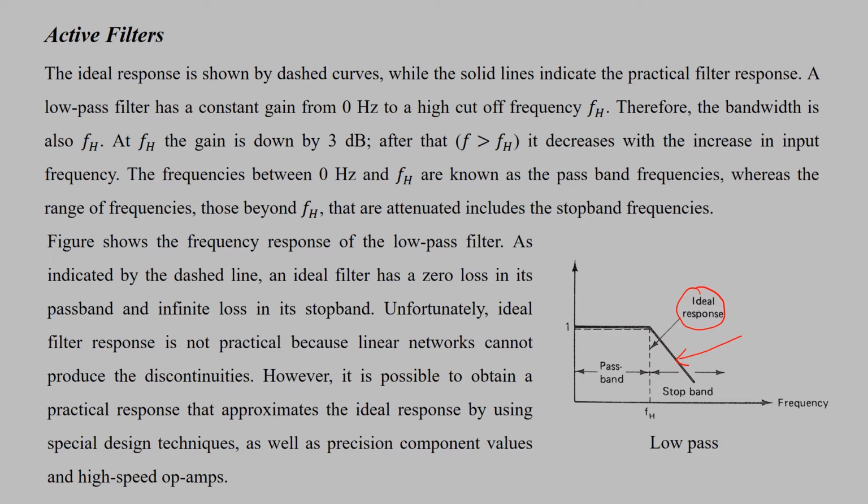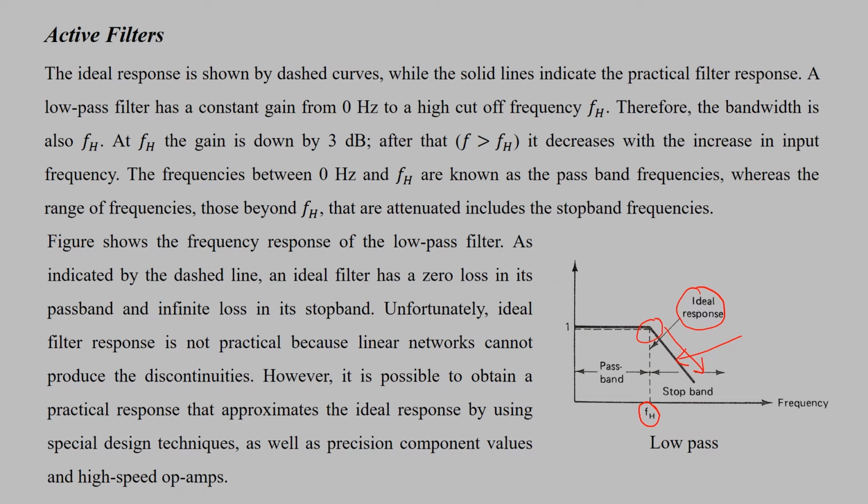A low pass filter has a constant gain from 0 to the high cutoff frequency, that is FH. Therefore the bandwidth is FH. At FH the gain is 3 dB down, and after that it decreases with increase in input frequency.